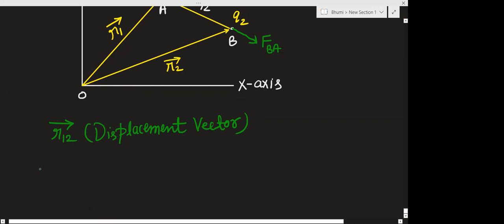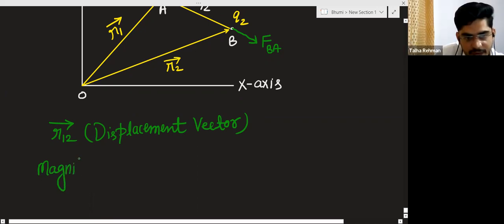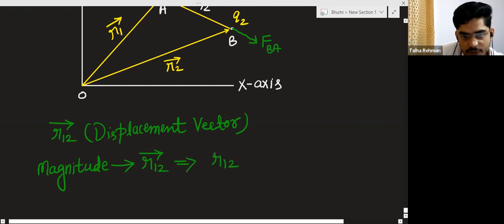If I want to calculate the magnitude of r12, then I will write it as the magnitude, r12 vector in mod.